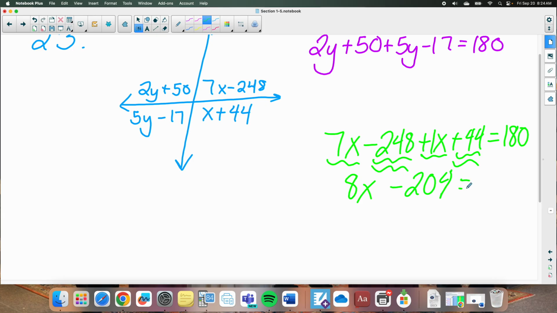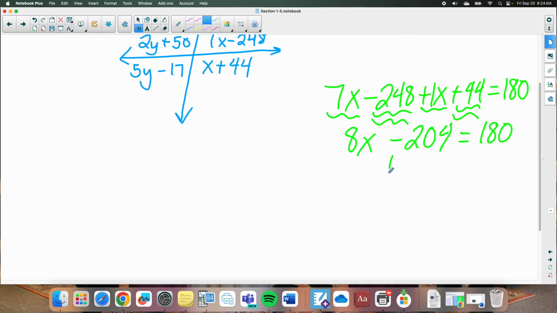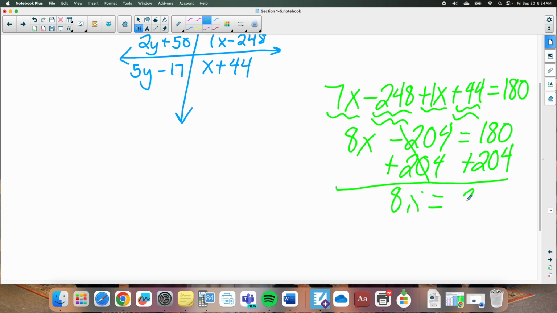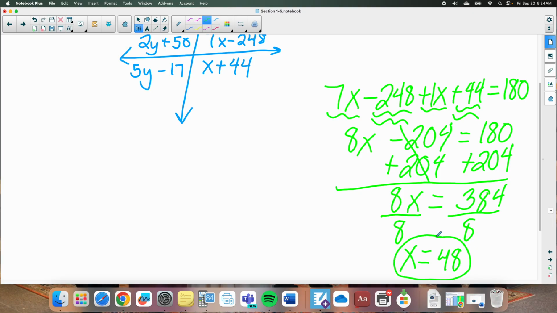And that equals 180. Then I'm going to add 204, and I would get 8x equals 384. Divide by 8, and x would be 48. Does that make sense?